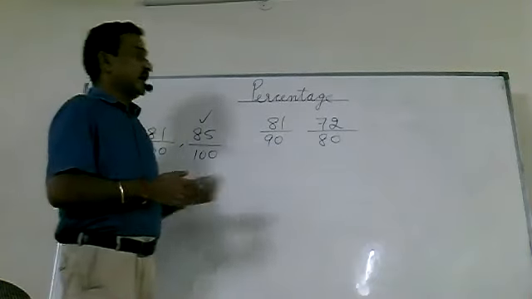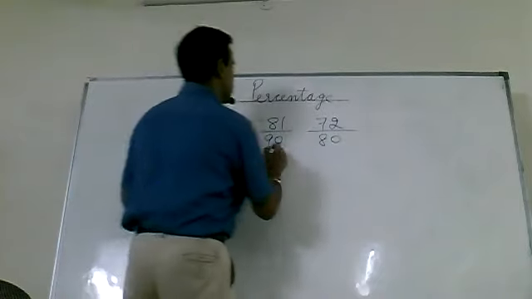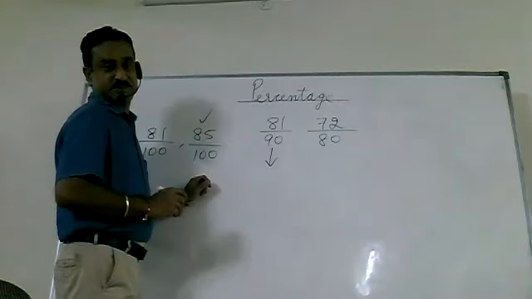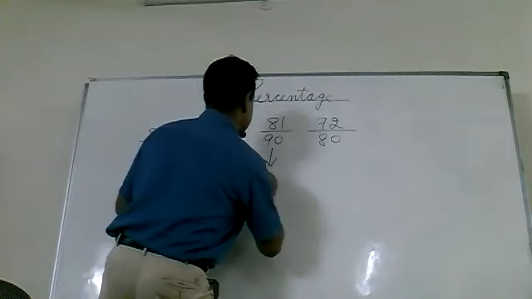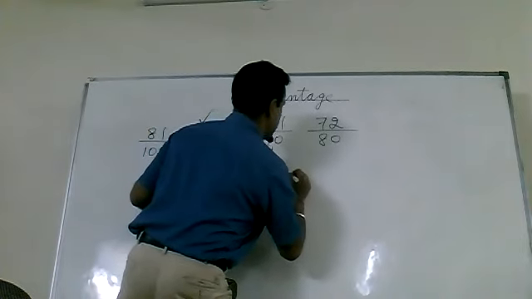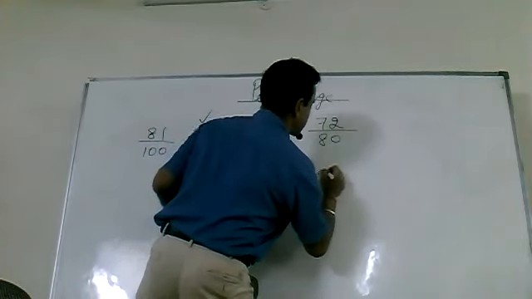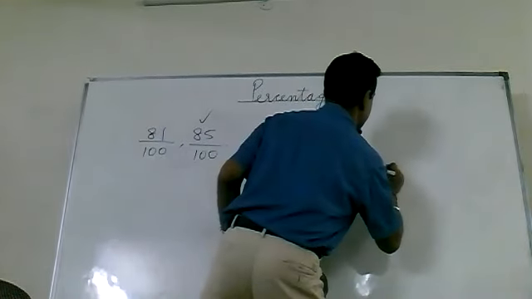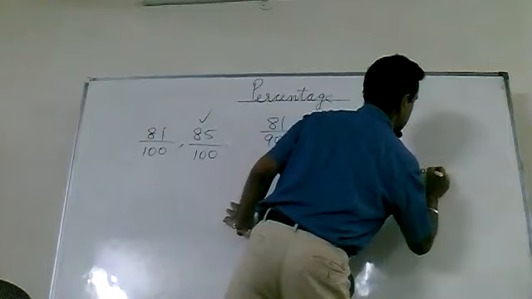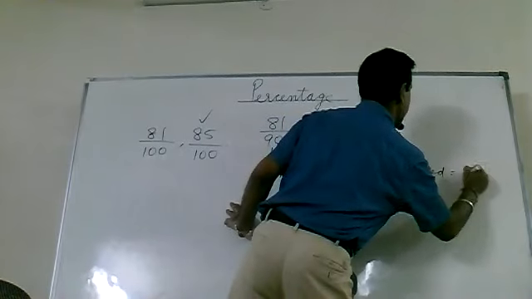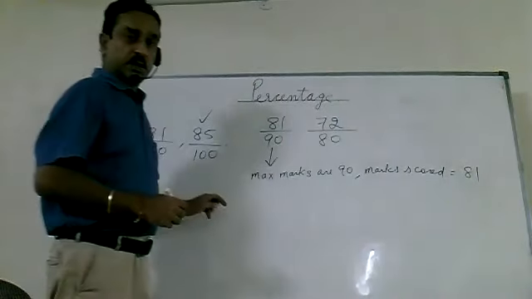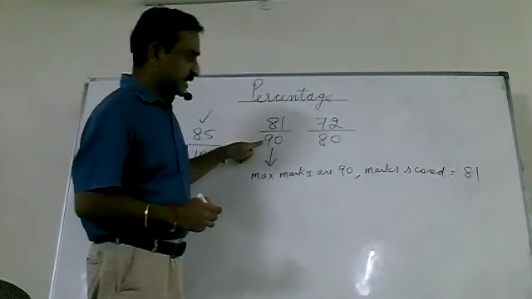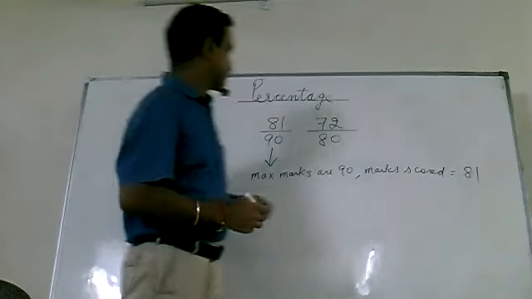Right? Let's apply the unitary method to this. So if the maximum marks are 90, marks scored is equal to 81.